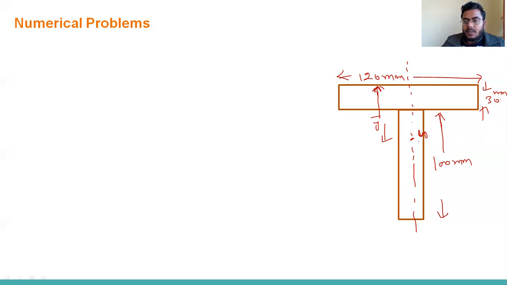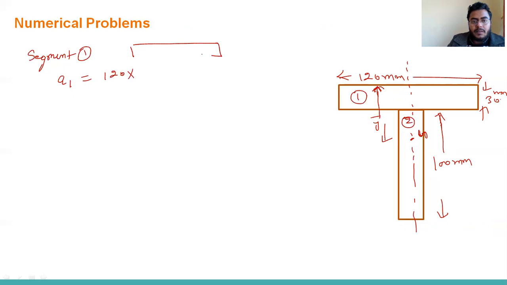So I'm dividing this T section into two segments. The first segment is this, and the second segment is this. For segment 1, A1 is 120 into 30.